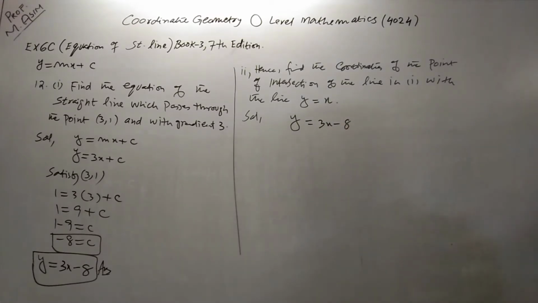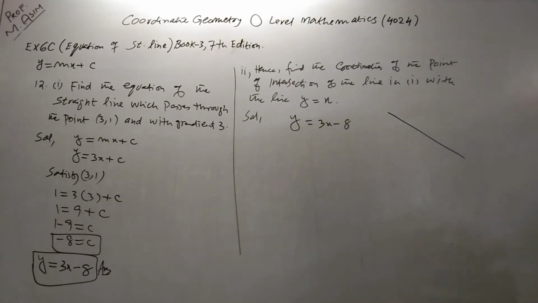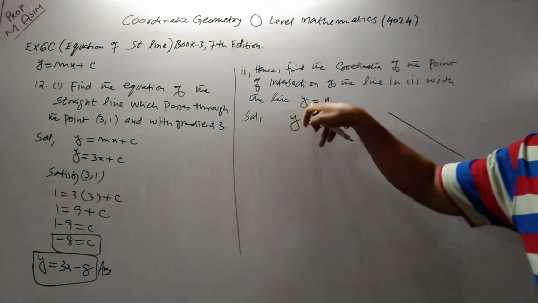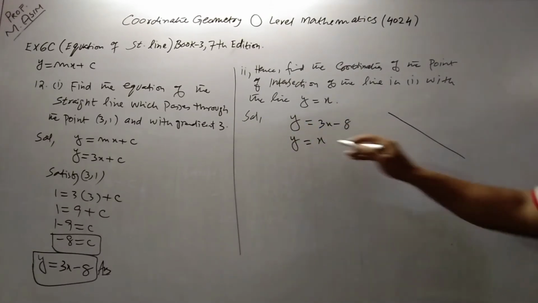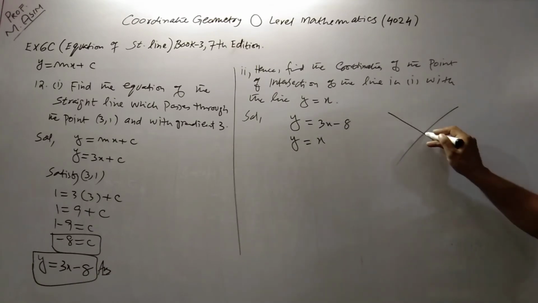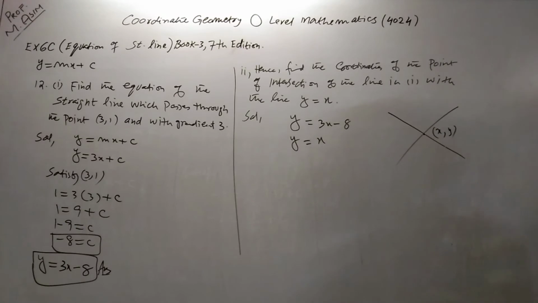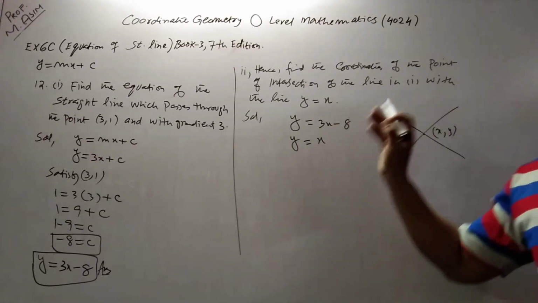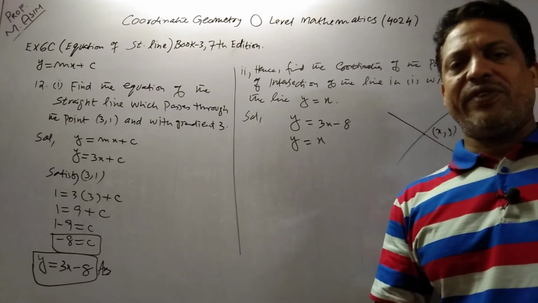Point of intersection means, for example, if this line represents this and the other line, which is given as y = x, represents this, then these two lines cross at this point. We need this point of intersection. Student, you know how to solve two simultaneous equations. There are two methods to solve them.